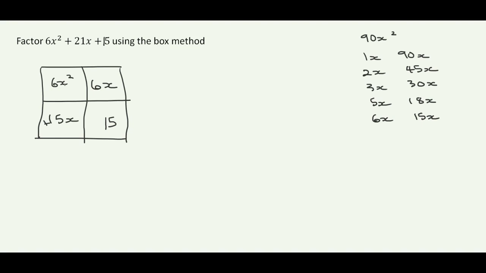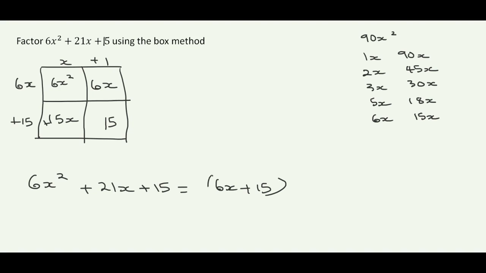So now we factor across, we have 6x, and then we have x plus 1, and then we have plus 15, and then we have x plus 1. So therefore 6x squared plus 21x plus 15 is equal to 6x plus 15 times x plus 1.